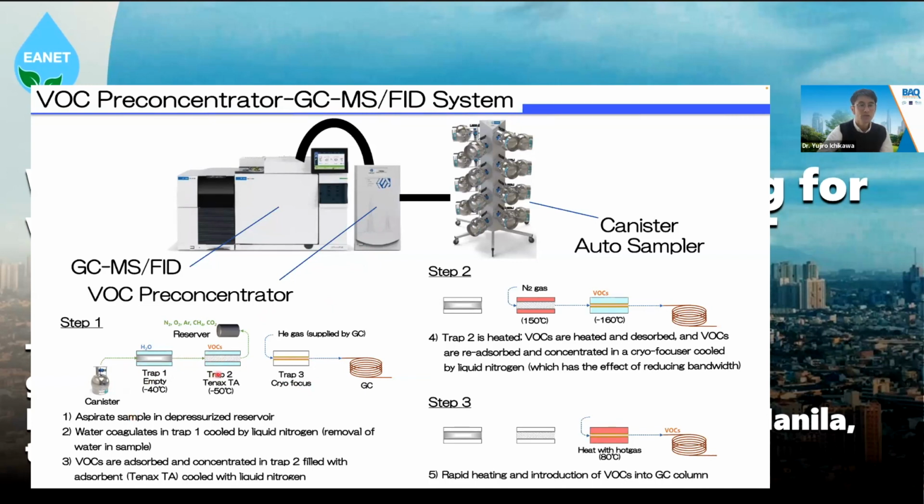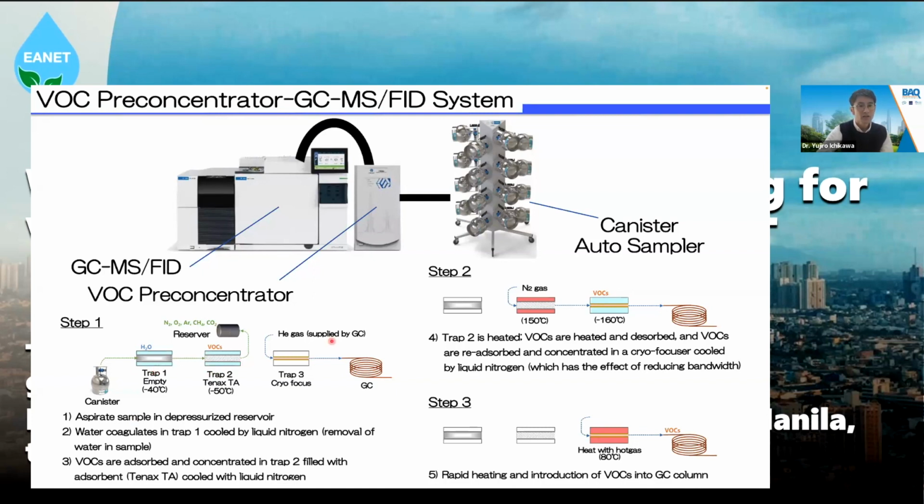And most of the VOC components will remain in trap 2. And water is something that we want to remove because it will cause negative effects to GC analysis, such as peak separation and sensitivity. So it is really good to be eliminated here.